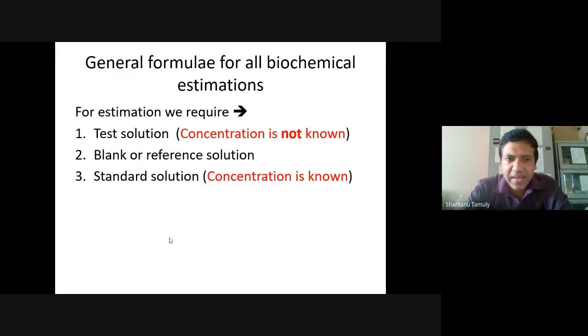The test solution is the solution where the concentration of a particular analyte is not known, say glucose, protein, cholesterol, whatever it is. So the test solution is where we are to determine the concentration of a particular biochemical compound.